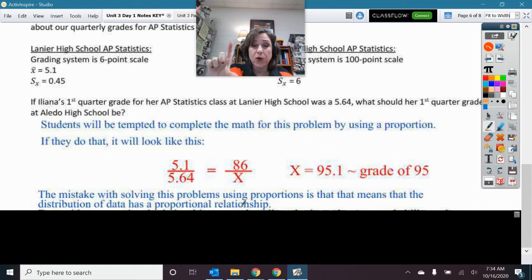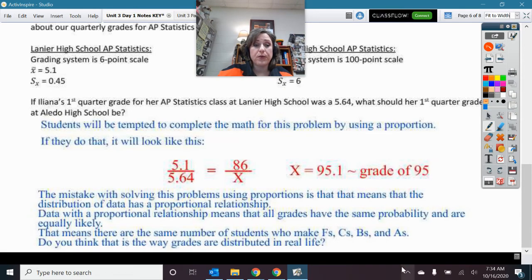It's a uniform rectangular distribution. That would mean there is the same proportion of students who make F's, C's, B's, and A's, and that we would have a rectangular proportional relationship. Do you think that that's the real way that grades are distributed in my class? And that answer is, of course not.